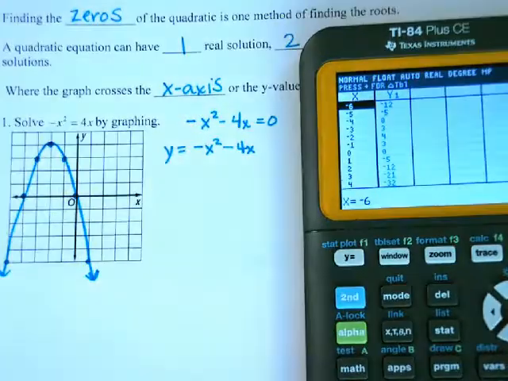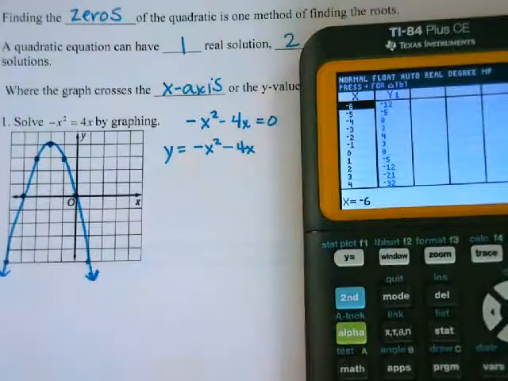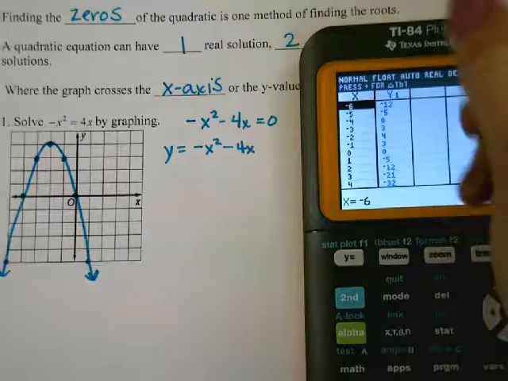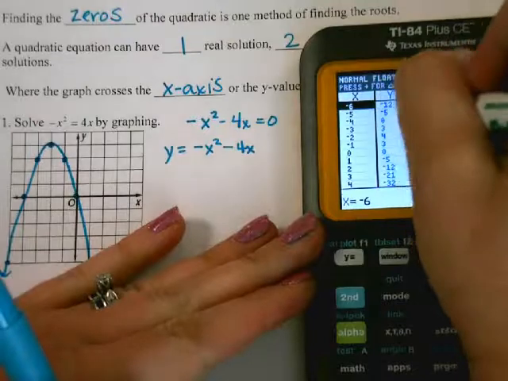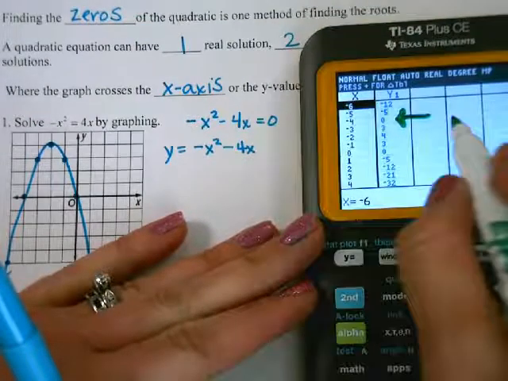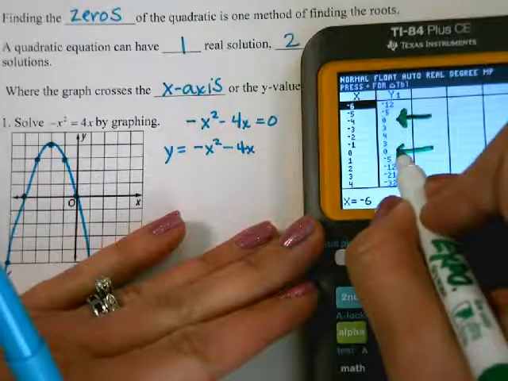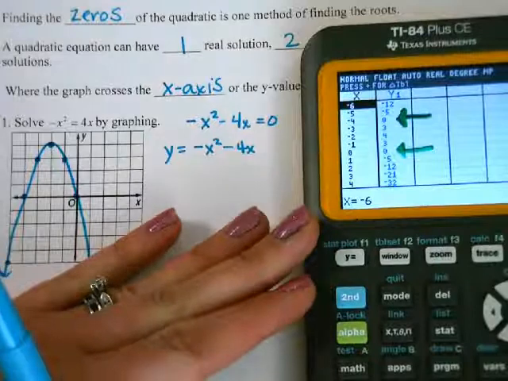Now, it says we're looking for the zeros. We're looking for the points when our y values are 0. When my y value is 0, I'm crossing the x-axis. Well, if I look at my table, that happens there at -4, but it also happens there at 0.